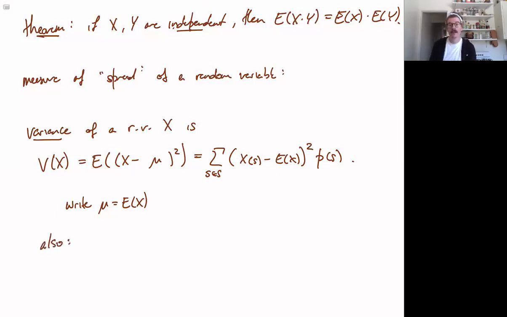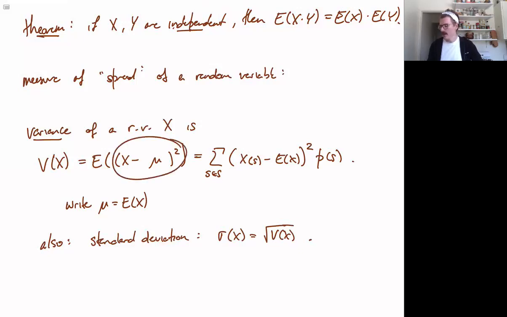And there is a very closely related measure called the standard deviation, which is sigma of x, which is the square root of the variance. So again, this is a common thing that you'll see in probability and statistics, is to take some kind of average of squares and then take the square root.